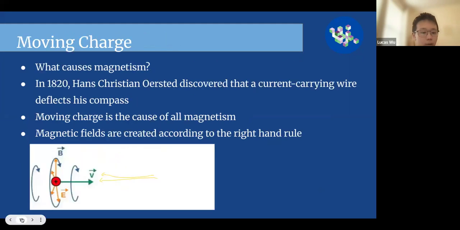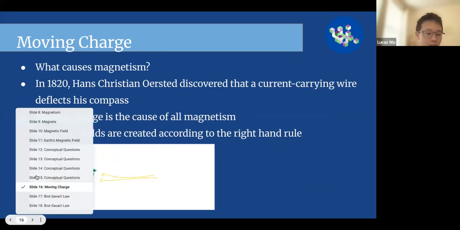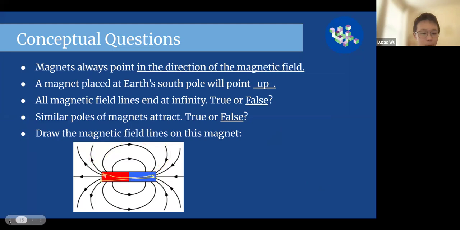All right, moving charge. Oh, before we get to that, I just want to go over a bit more conceptual stuff. The first thing is that there's no such thing as an isolated North Pole or an isolated South Pole.